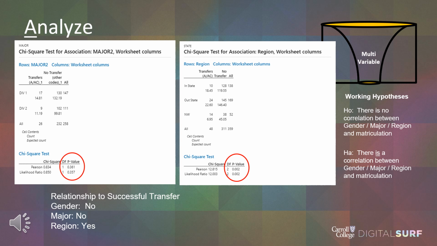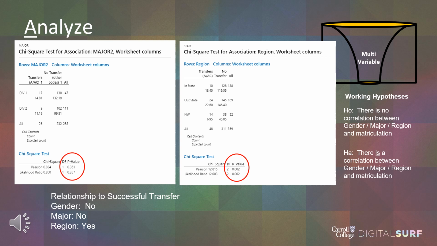And from these different calculations in the chi-squared tests, we've been able to find out that there is absolutely no relationship between the transfer student's major and if they decide to come to Carroll. There is also no relationship between the gender of the transfer student and if they decide to come to Carroll.